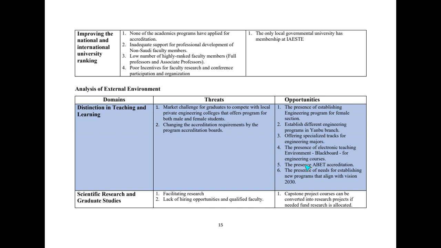There are many others, for example here, changing the accreditation requirements by the program accreditation boards. And actually this happened when we started the accreditation project, in the same year. It was our luck that, over maybe 10 years, ABET had never changed their policy or requirements, but in that year, they changed it.